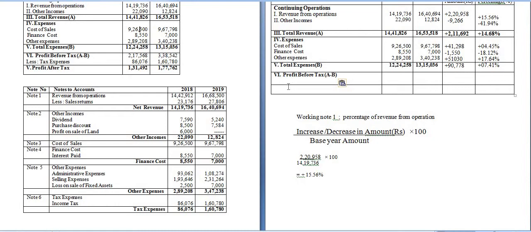14,41,826 minus 12,24,258, which is equal to 2,17,568. Okay, 2,17,568.